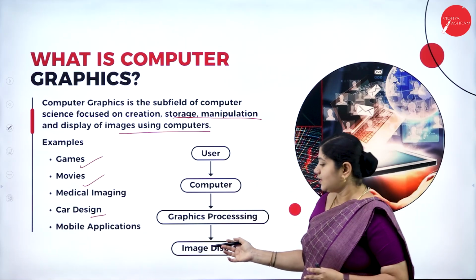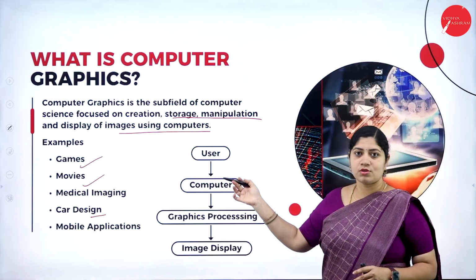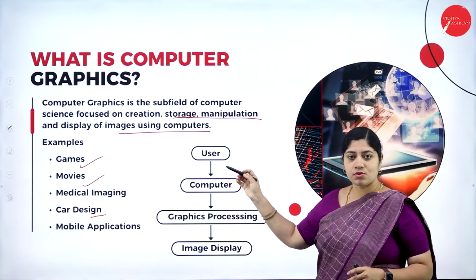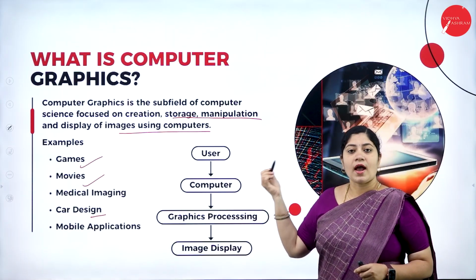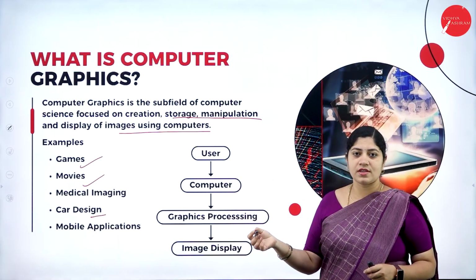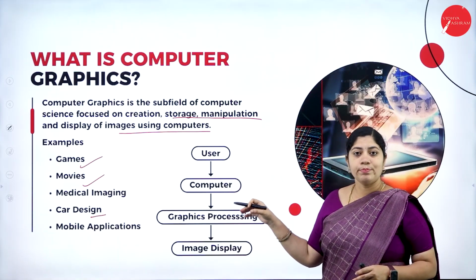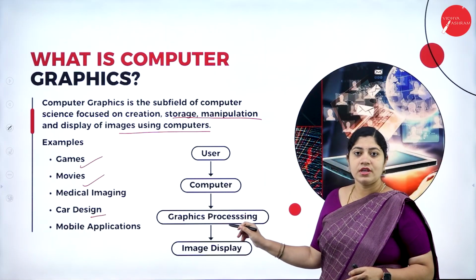So let's see a simple computer graphic understanding over here through a flow diagram. Okay, so yeah, the user is there. The user is using a computer and the user has something to do, and he will be utilizing a simple computer to do that, and a computer with a graphic processor is utilized.